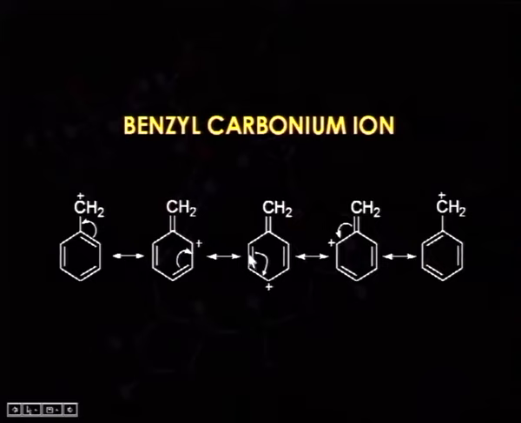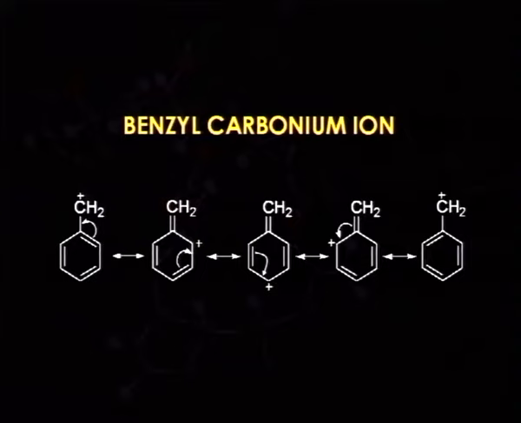Simultaneously, it will attract pi electrons and a new pi bond will be formed here. So, we can see that the benzyl carbonium ion shows more resonating structures than the allyl carbonium ion. Hence, it is much more stable.